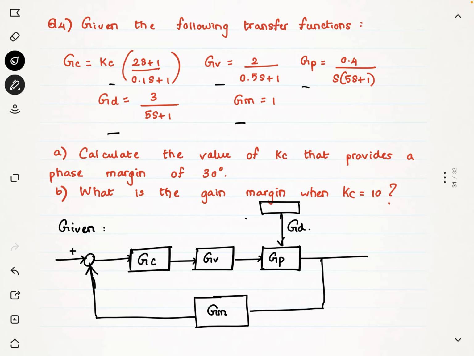So we have been given GD, but when we are writing the open loop, we will not consider the disturbance transfer function because it will not appear in the multiplication of the forward blocks. So the open loop transfer function will be just the product of GC into GV into GP into GM.